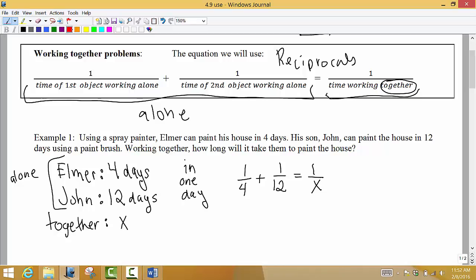Now we're going to solve the equation using the techniques that we talked about in section 4.8. We have a variable in a denominator. We want to get rid of all the fractions at the beginning by multiplying everything by the LCD. And our LCD is 12x. So we're going to multiply every fraction and every term on both sides by 12x. And then we're going to reduce each one of those multiplications.